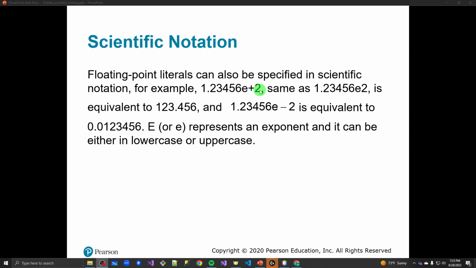If you remember doing scientific notation in any of your science classes, you can also think of it as times 10 to the second power, which is times 100, or I can move my decimal place over 2 places. So that becomes 123.456. But this is scientific notation.